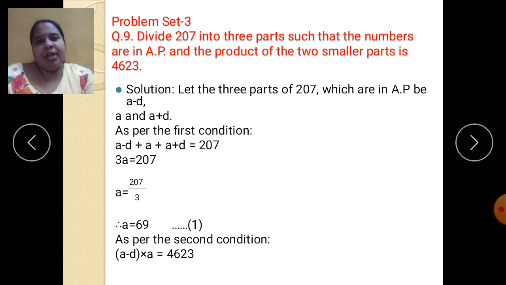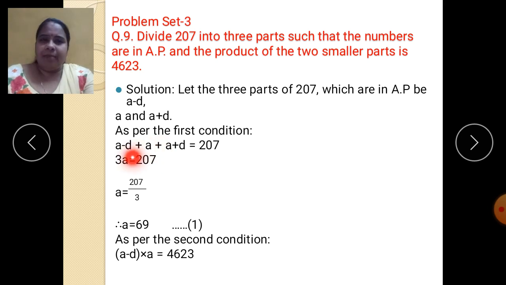Suppose I give you a number 10 divided into 3 parts. I am not telling you AP, I am just telling you divided into 3 parts. So you can divide it any way. For example, one way is 2 plus 3 plus 5. Yes or no? 2 plus 3 is 5 and 5 plus 5 is 10. So when I divide it into 3 parts, it means when I add all those 3 parts, I should get that total. So this is my first condition.